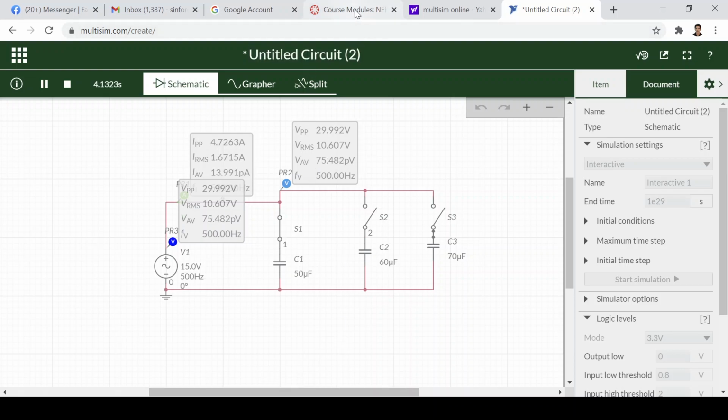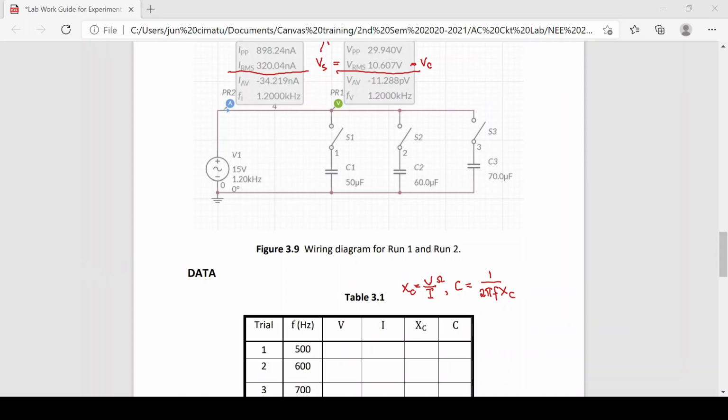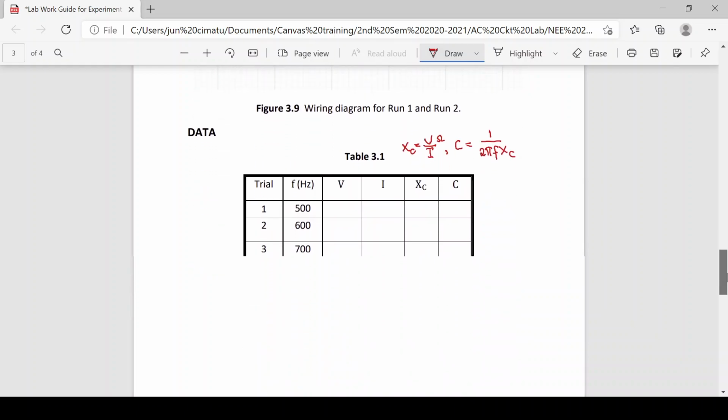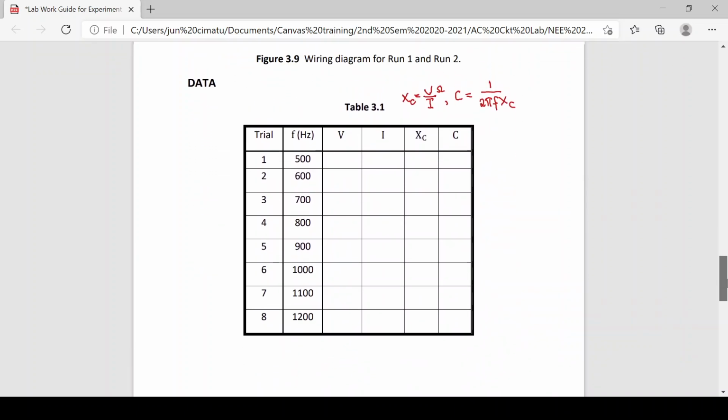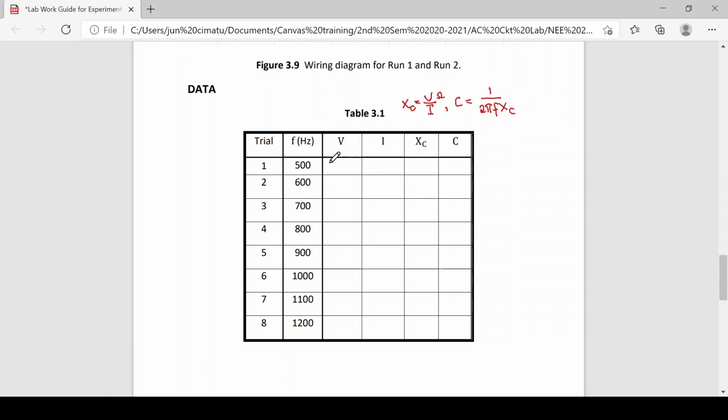So for run 1, we shall register this to table 3.1. This is at 500 hertz.